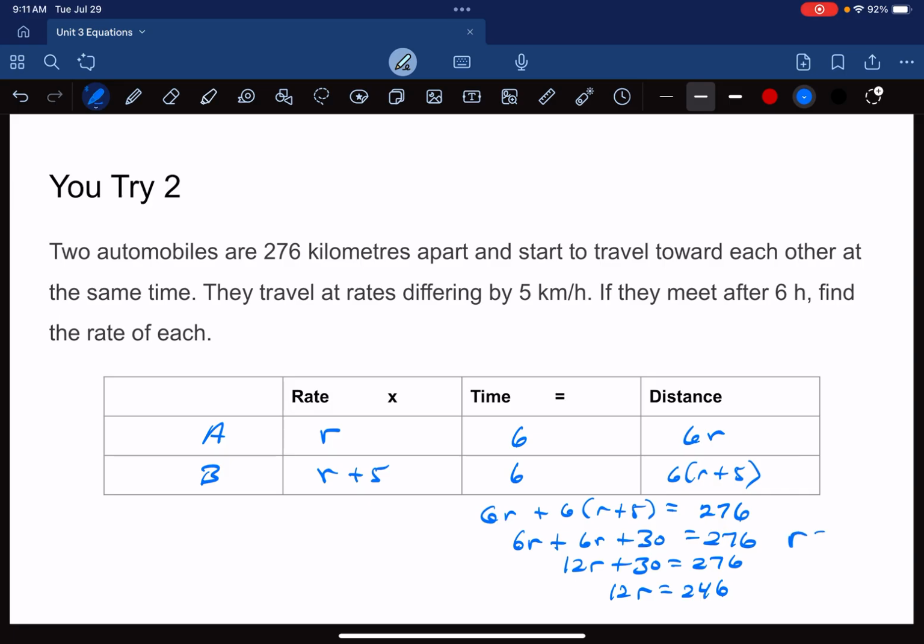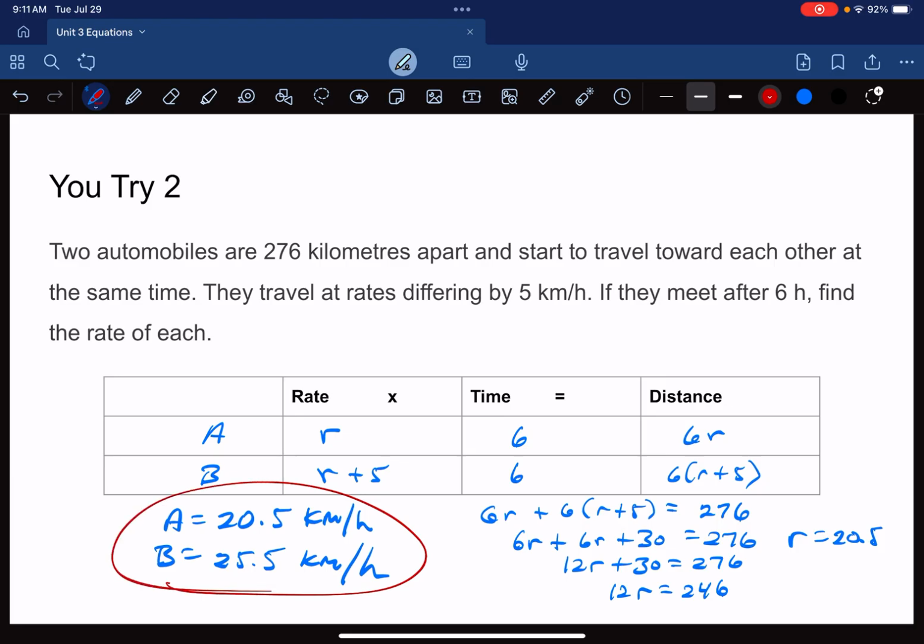So R is 20.5. So find the rate of each. So car A traveled at 20.5 kilometers per hour, and then B traveled at 5 more than that, or 25.5 kilometers per hour. Okay?